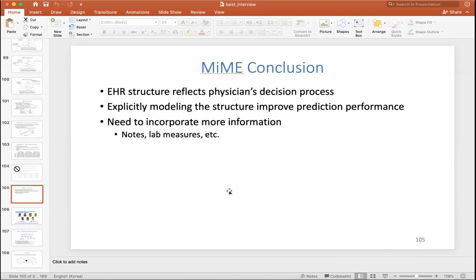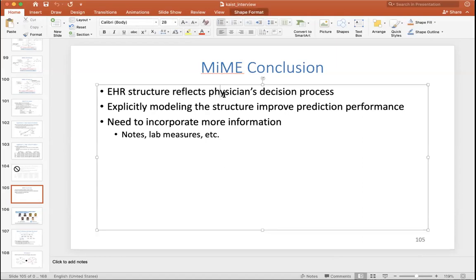And of course, if you can add more, like labs that come out of the procedures or notes that come out of certain visits, you can view them all in a graphical manner and use graph neural networks to inject the physician's domain knowledge into the model. That does improve prediction performance. And obviously you can extend this approach to include more modalities.